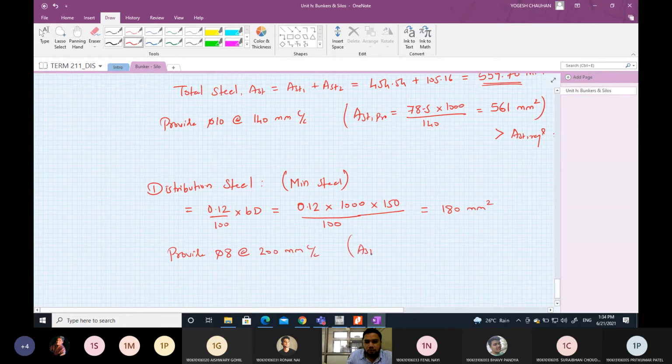That will give you AST provided, for 8 mm bar, area of steel is 50.3 into 1000 divided by 200.